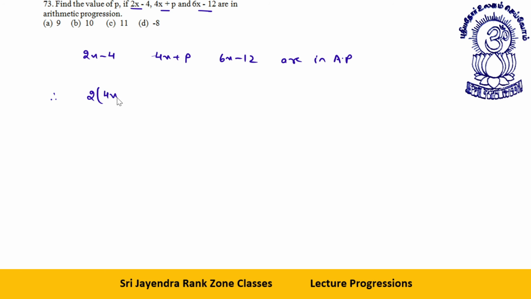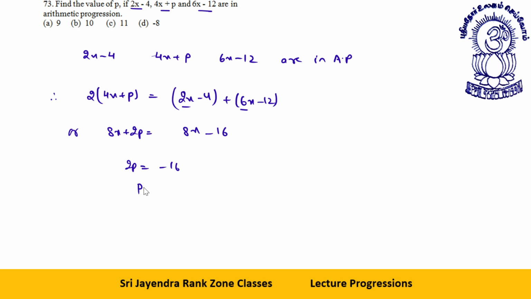Double of 4x plus p is equal to 2x minus 4 plus 6x minus 12, or 8x plus 2p is equal to 8x minus 16. 2p is equal to minus 16, p is equal to minus 8. Again, option number D is the answer. I hope it makes sense and it is clear to all of you.